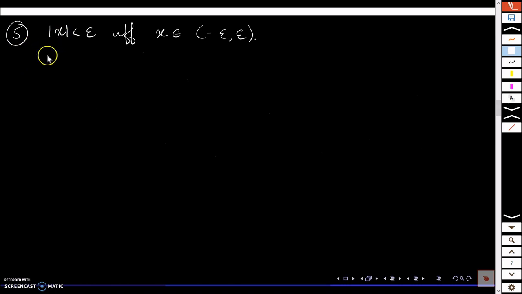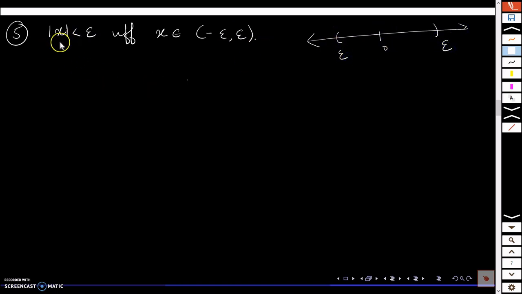Next one, this says absolute value of x, mod x, is less than epsilon if and only if x belongs to the open interval minus epsilon comma epsilon. So let me put this on the number line. Supposing I have the number, I'll put this open interval here. I have 0, epsilon and minus epsilon.